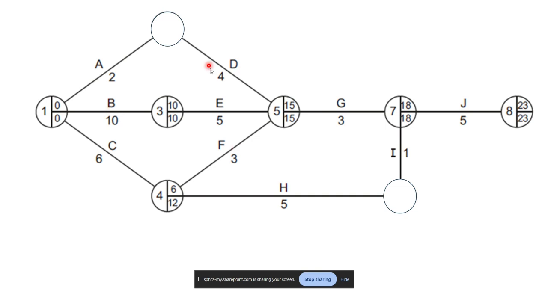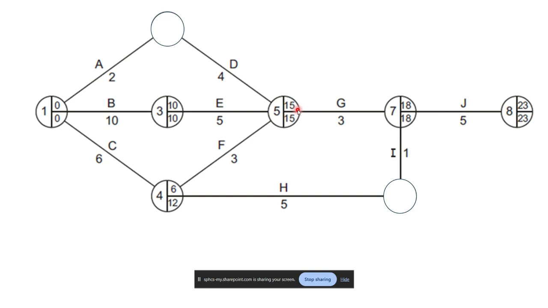So 2 plus 4 is 6. That's when activities A and D can finish. B and E take 15 weeks, 10 plus 5. Activities C and F, which also need to complete, 6 plus 3 is 9. So the longest of those is B and E at 15 weeks.